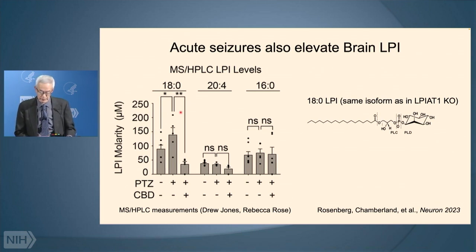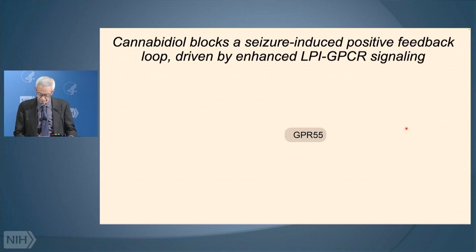The biochemistry in the slice says that epileptic seizures reproduce the effect that is produced by the mutation in the consanguineous families. And I find this very satisfying because it provides some evidence that it's LPI and not PI that is the key factor underlying the manifestations of autism, epilepsy, and intellectual disability in those families.